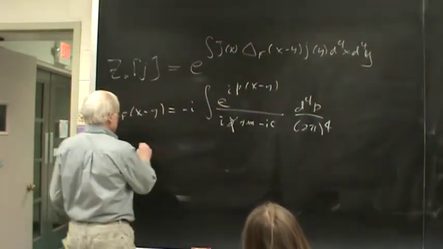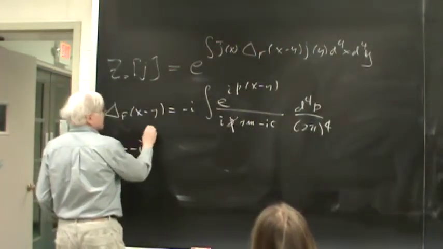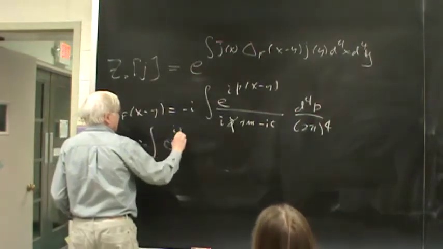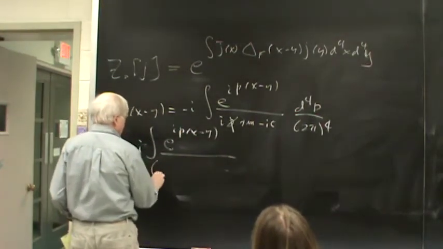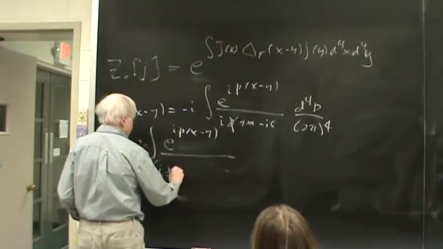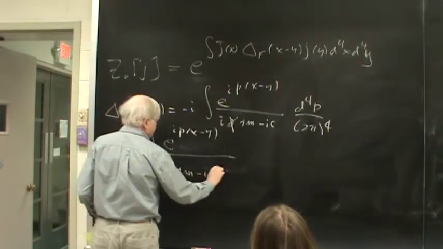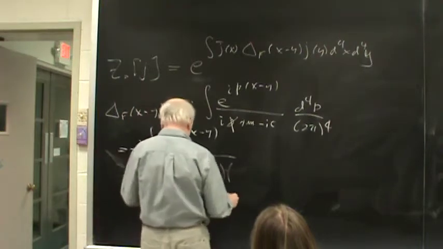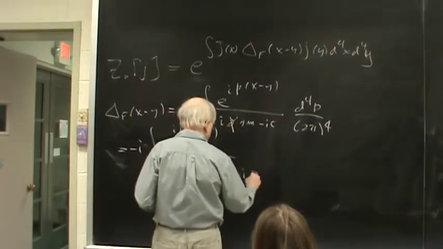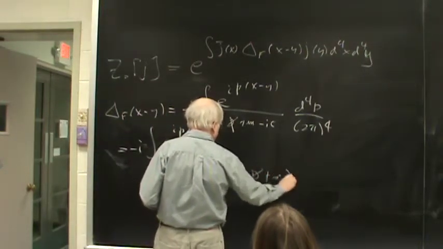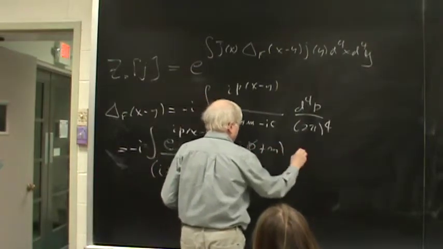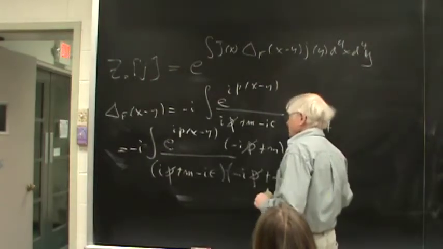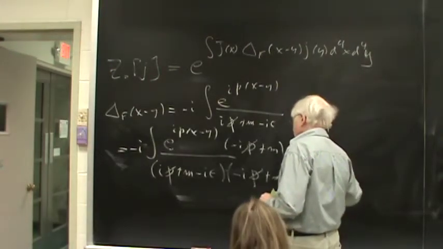So let's unfunny it. You get minus i integral e to the i p (x minus y), and now we rationalize this. i p-slash plus m minus i epsilon, and we multiply by minus i p-slash plus m, minus i p-slash plus m, d^4p over (2 pi)^4.